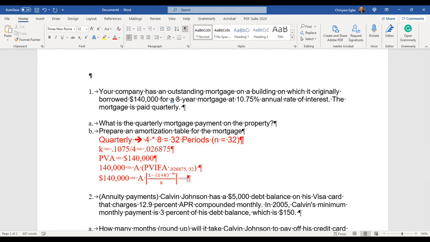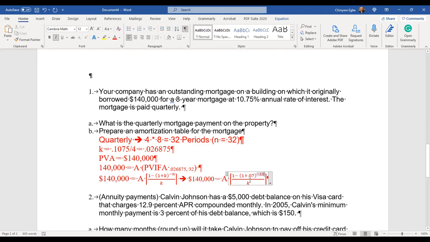So can somebody give me the calculation of 1.026875 to the power minus 32?